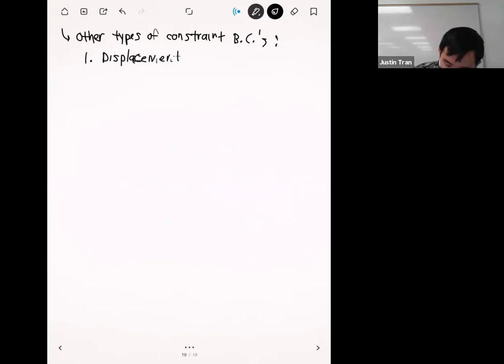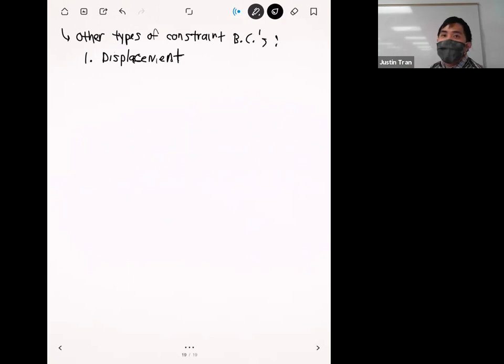Displacement type boundary conditions are really useful for when you want to apply things like a roller. Because when you apply a fixed support, what you're basically saying is that all components of displacement x, y, and z are going to be 0, as well as the rotation, right? And so those parts can't rotate.